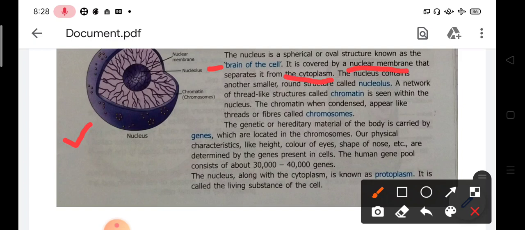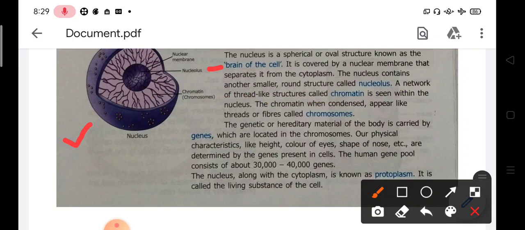That means it separates the cell cytoplasm from the nucleus. Nucleus contains another smaller round structure called nucleolus. That means inside the nucleus a small round structure is present which is called nucleolus.